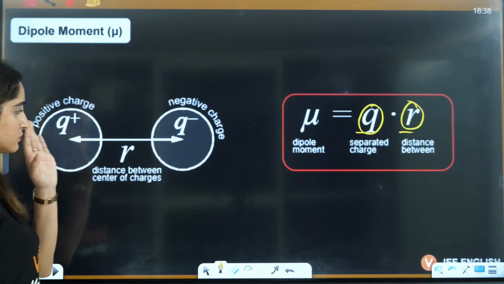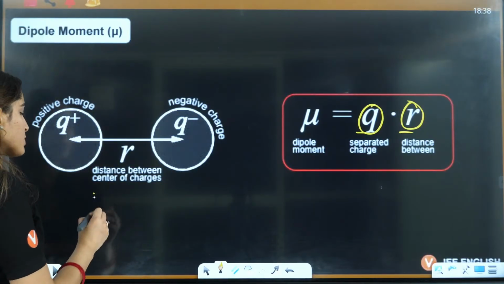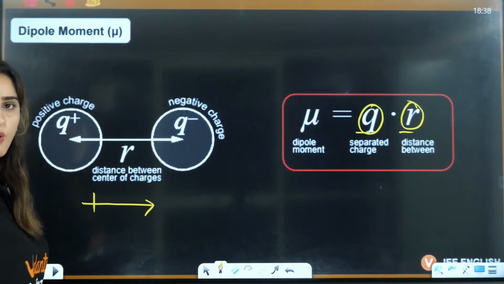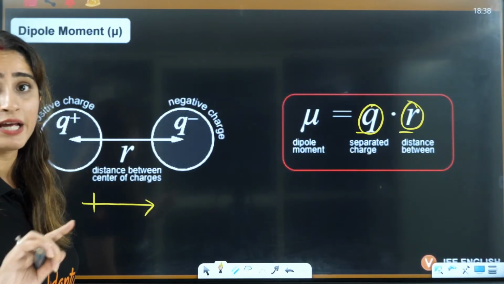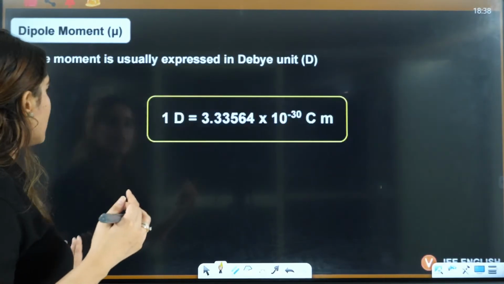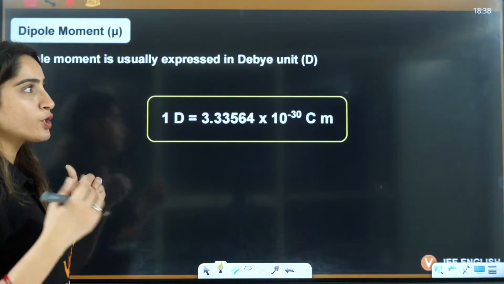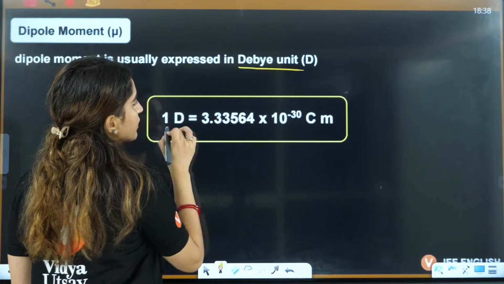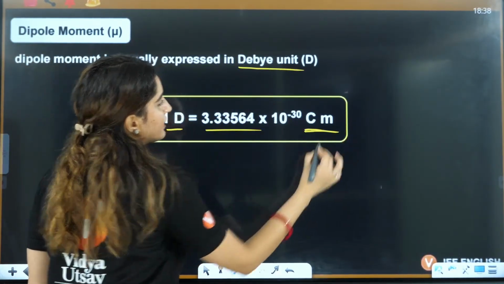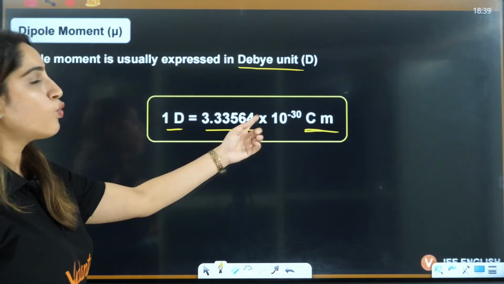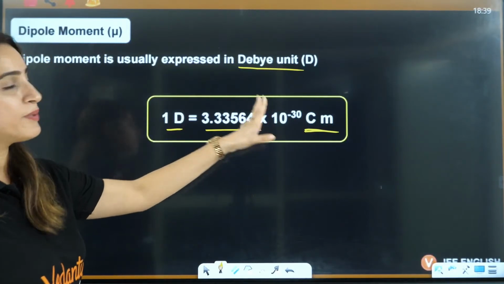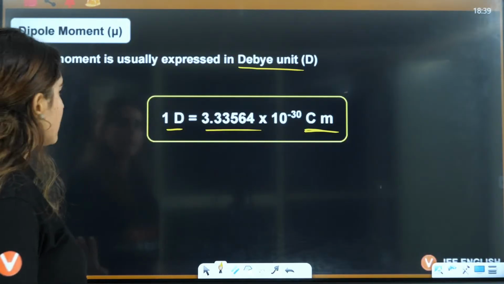Dipole moment is always from positive to negative, from less electronegative to more electronegative. Its unit is the debye, and 1 debye is this much coulomb meter. Coulomb is for charge, meter is for distance.